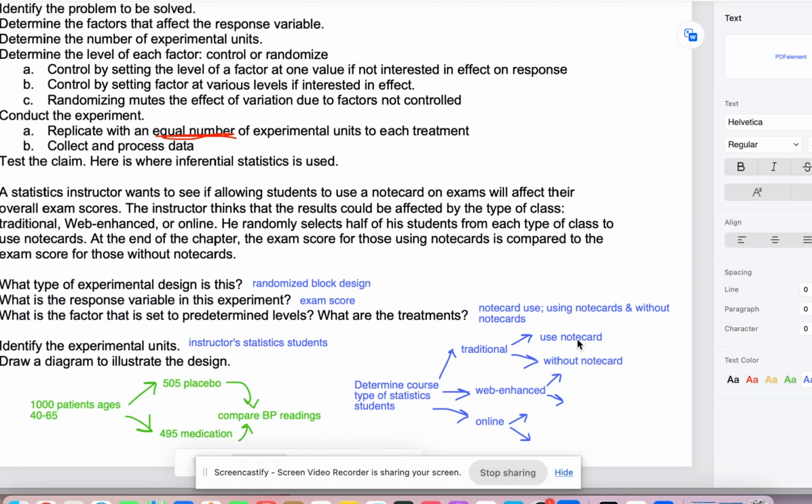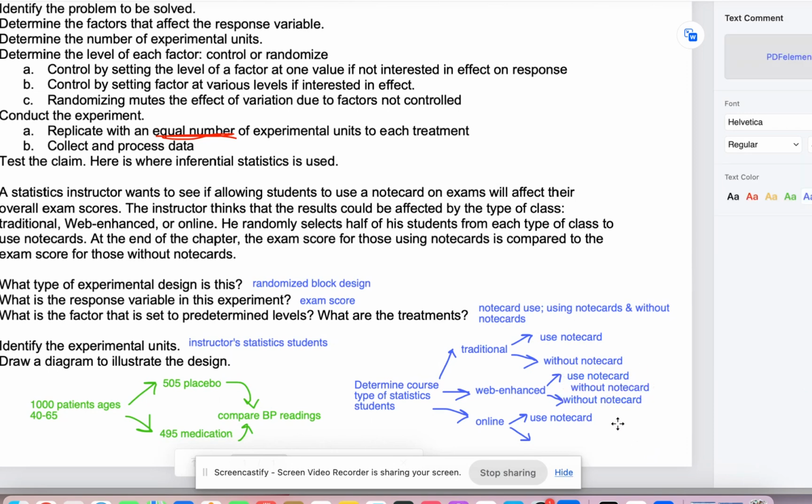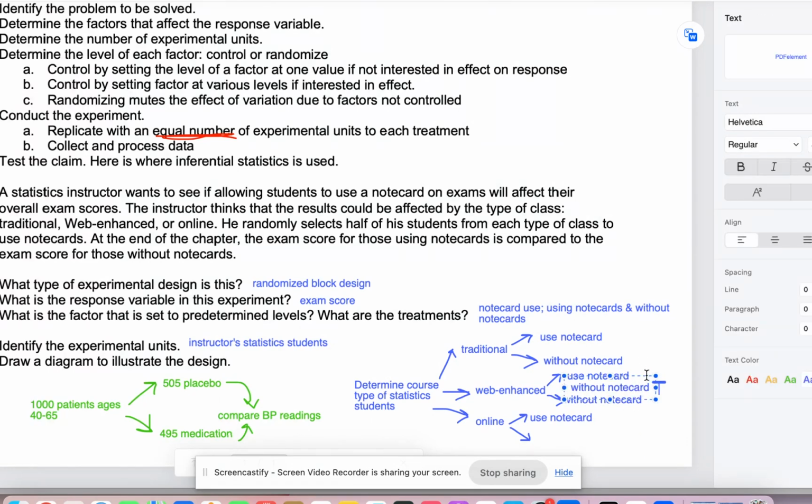And then we're obviously repeating that. So I think I can just copy. Yep. So for web enhanced, use note card, online use note card. And then again, because we are having those 2 levels of treatments for all 3 blocks, then I've got without note card on all 3 blocks as well.